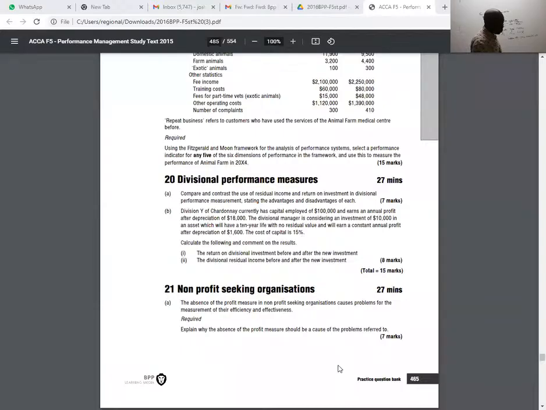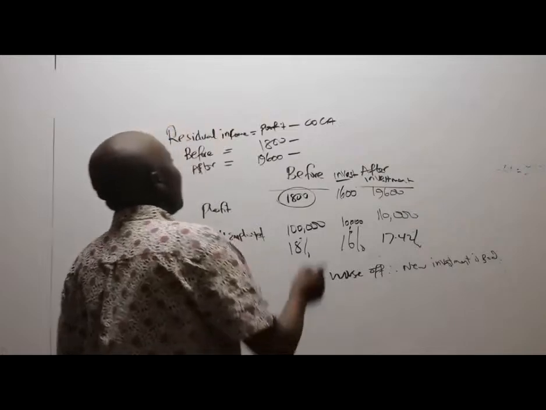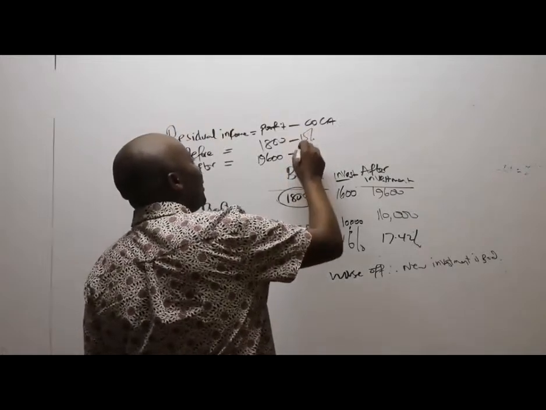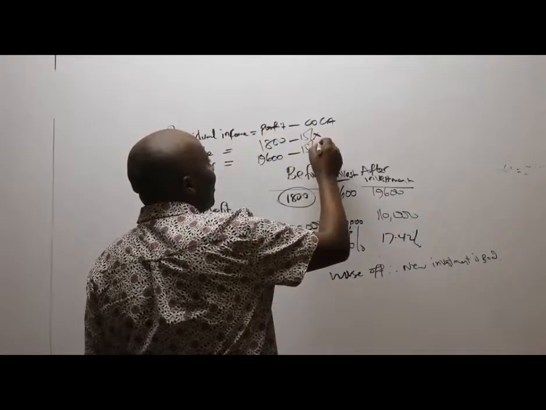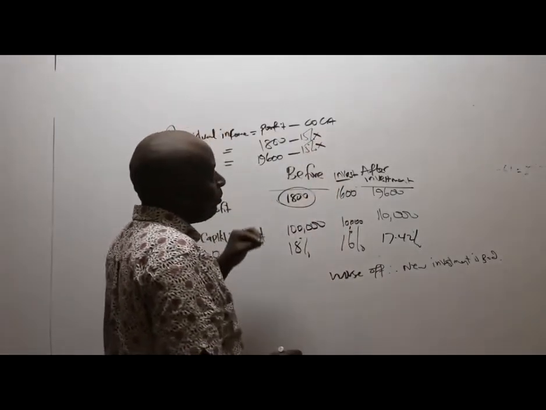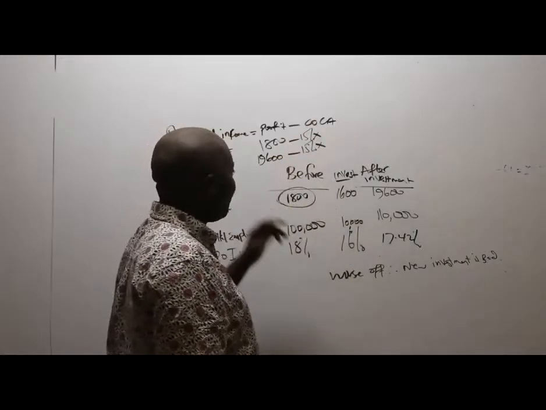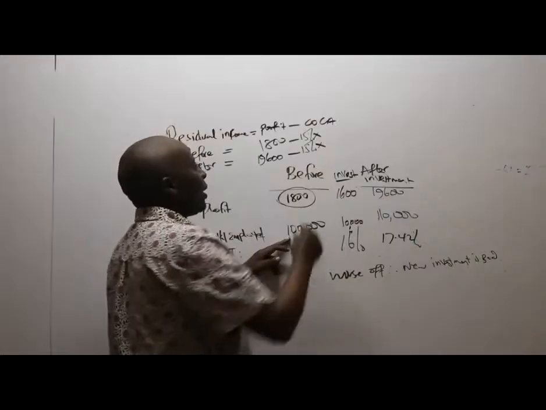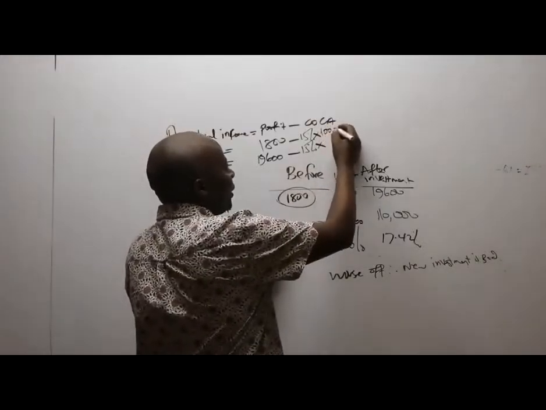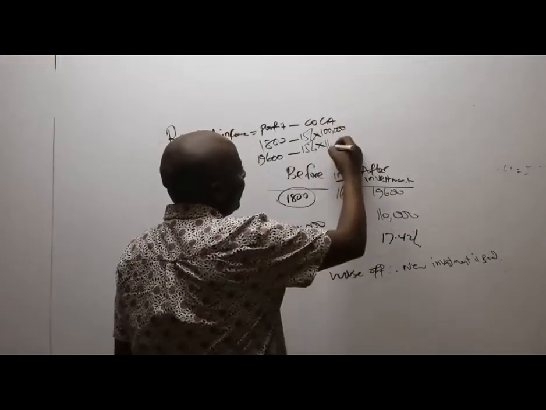So both of them are 15%. It is 15% of the capital employed: for before, 100,000, and for after, 110,000.